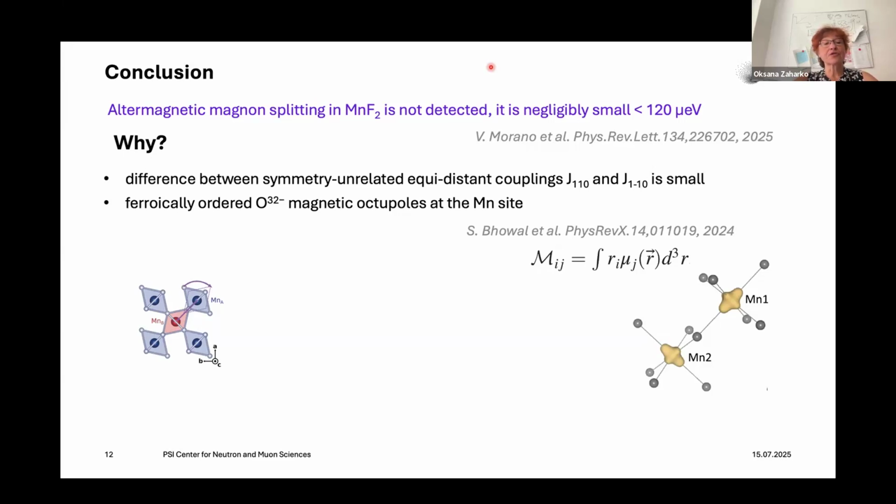They show that you should have octupoles with specific symmetries, O3 minus octupoles, which are ferroically ordered in manganese fluoride. And here down, I have from their paper the plot of how these octupoles look for manganese site 1 and site 2. It is because we have different fluorine surroundings of our manganese A and manganese B sublattices, but what they estimate is also very, very small.